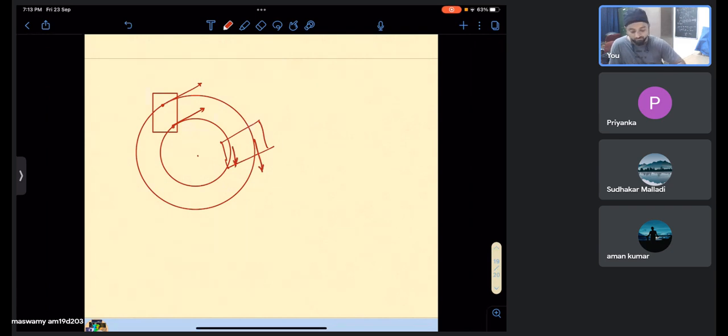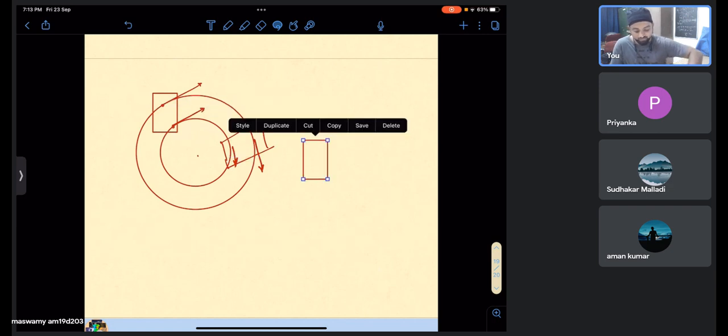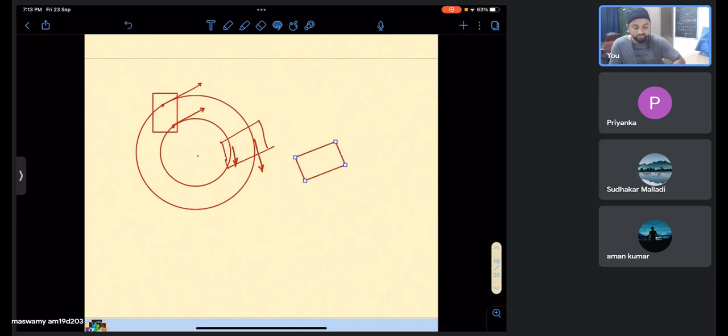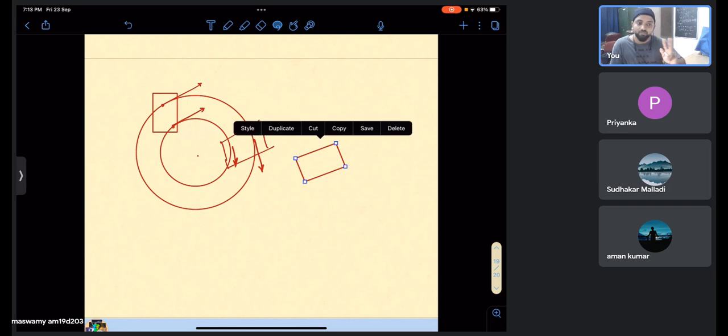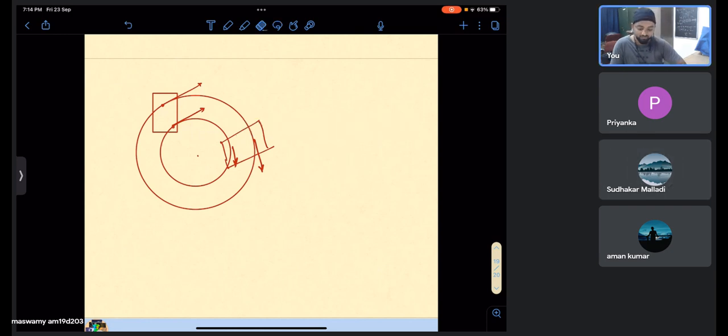So if you copy this, I translate it to this point and then I rotate it. Is it having two components of motion? One is translation to that point and rotation. So both these constitute general plane motion. Is it clear? Circular motion is relative to one point.